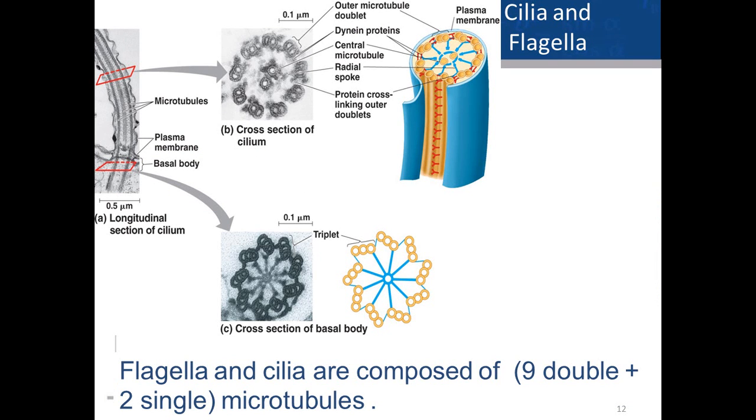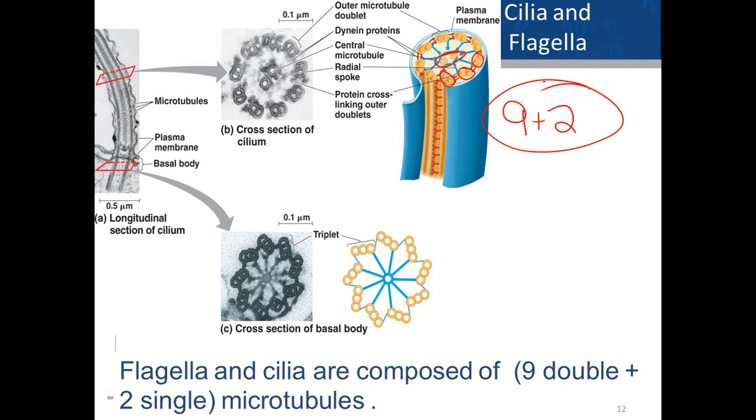So let's talk about the structure of cilia and flagella. One of the things that you'll notice is that you will find here 9 doublets of microtubules. So that's 9. And then you find 2 singletons in the middle. So this has a 9 plus 2 structure, if you will.